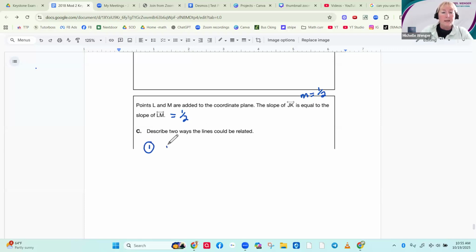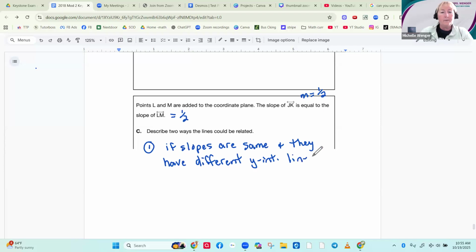One thing is, if your slopes are the same and they have different y-intercepts, that's a key there, the lines are parallel. Now you say, okay, so what's the second option?